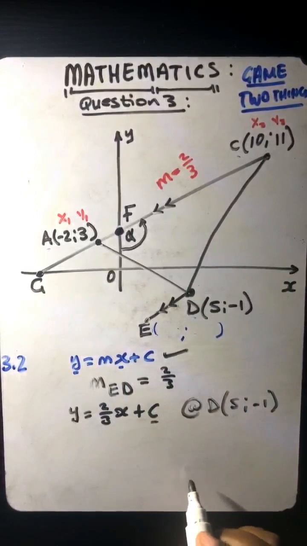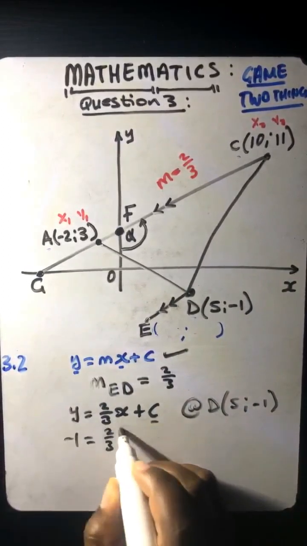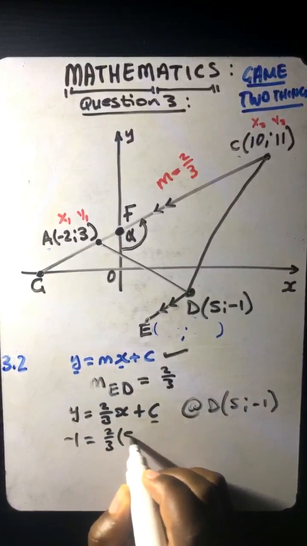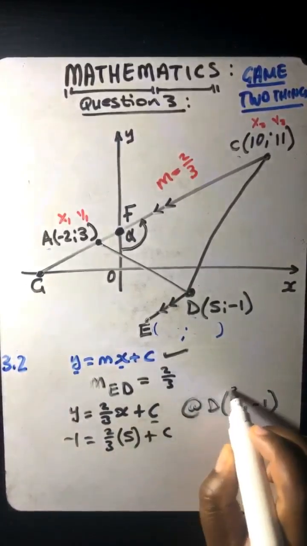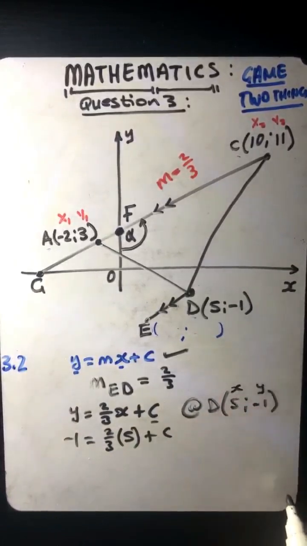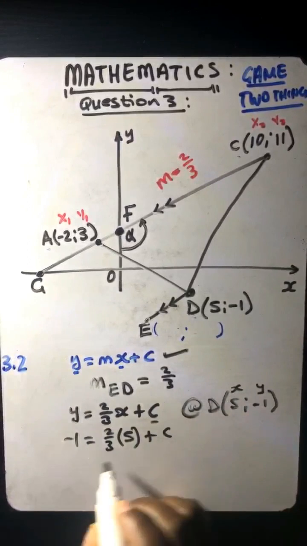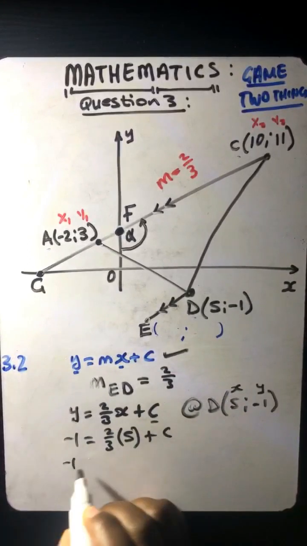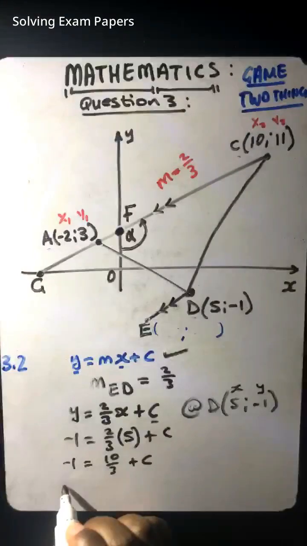So can you see this is your y, 2 over 3 is your gradient, and then you have your x being 5. Then all you do is solve for c, where you punch that in, and then you have 10 over 3 plus c. You take this to the other side.